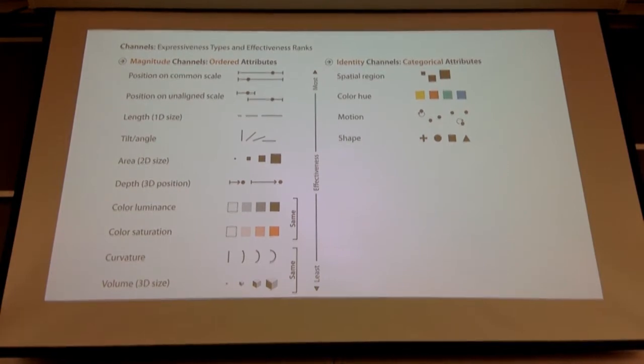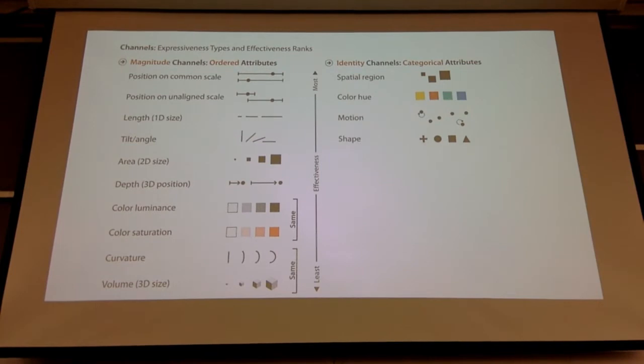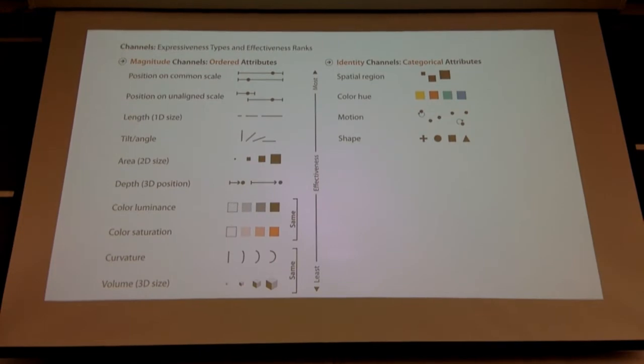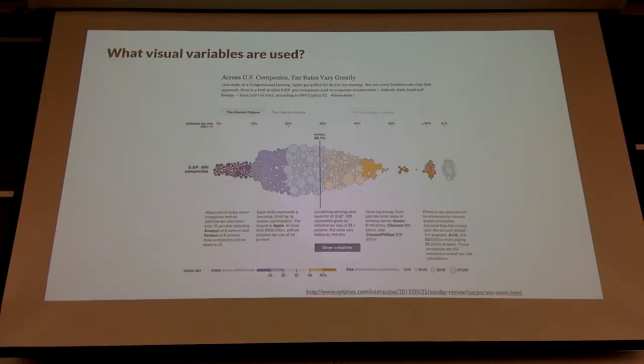So the most important attribute in your data set, if it's quantitative, should usually be encoded by position. If it's qualitative or categorical, it should be in the spatial region, or color as a second choice. And of course, if you encode multiple things, you will not be able to use all of those channels anymore. You cannot arbitrarily mix and match, right? There are restrictions and limitations in how you can combine them.